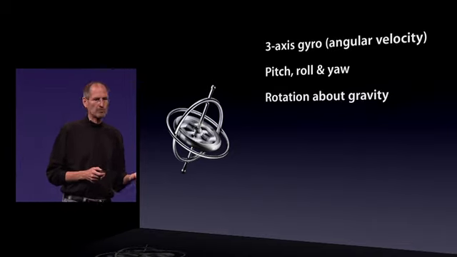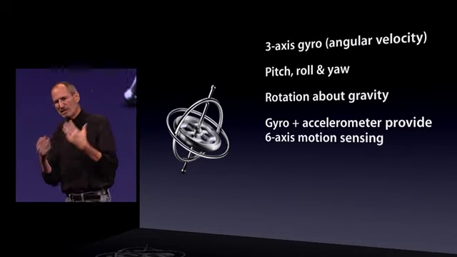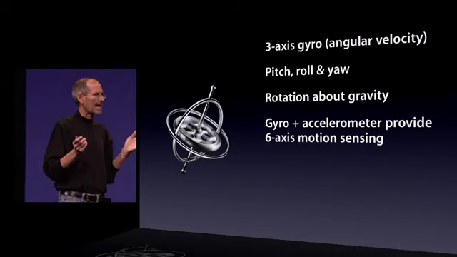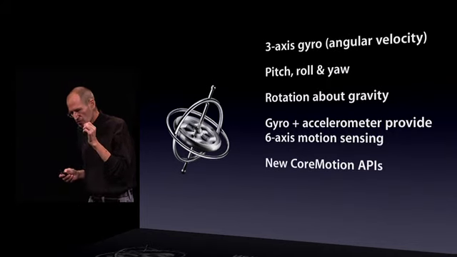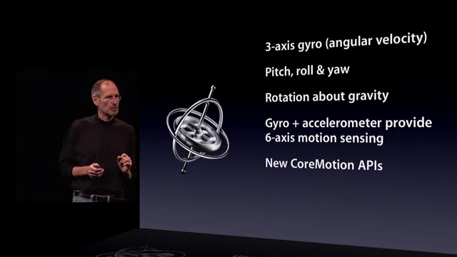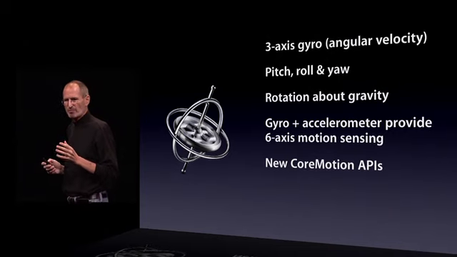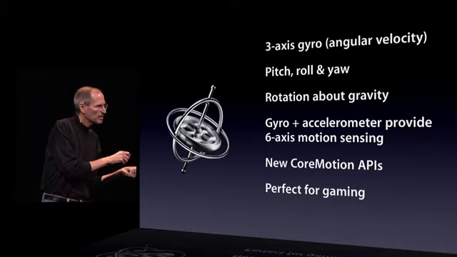Also rotation around gravity. And we've tied the gyro and the accelerometer and even the compass together to provide 6-axis motion sensing. And we've got some new Core Motion APIs that you can call that give you extremely precise position information. And it's perfect for gaming. And one of the reasons it's perfect is because it's built into every iPhone 4, so you know it's there.